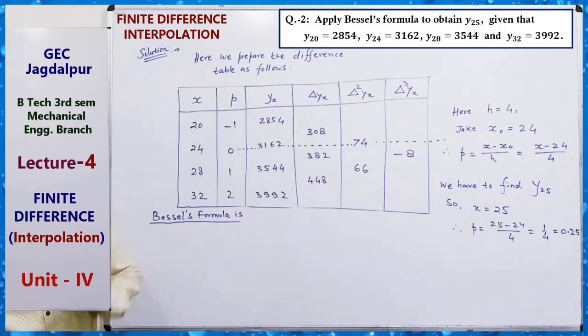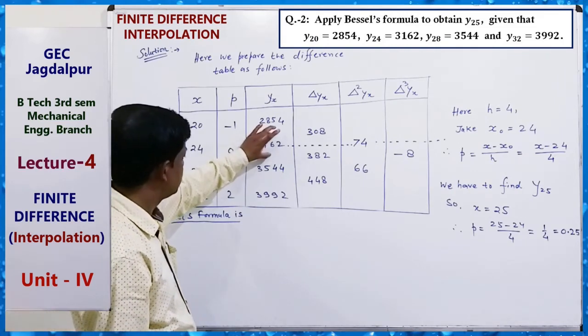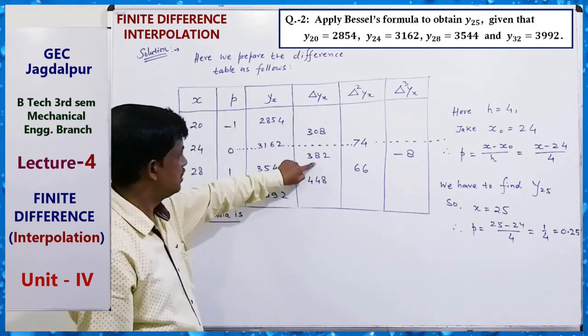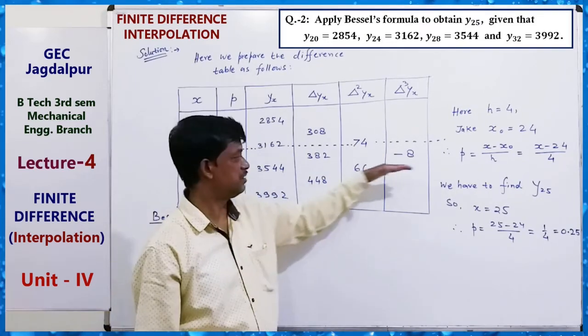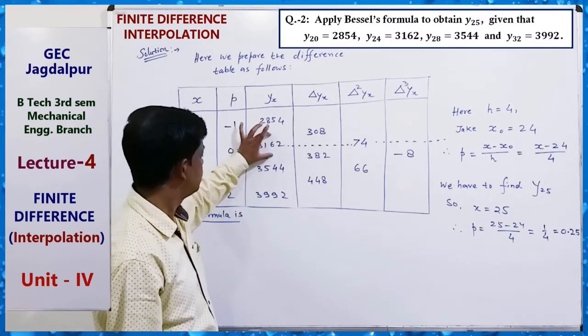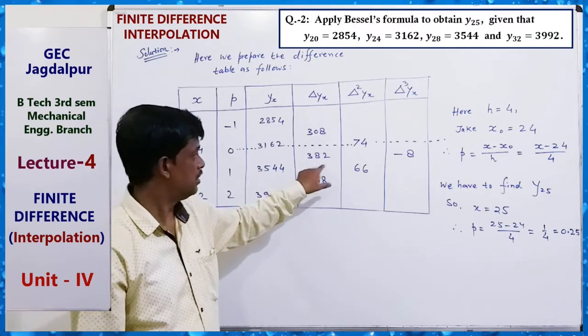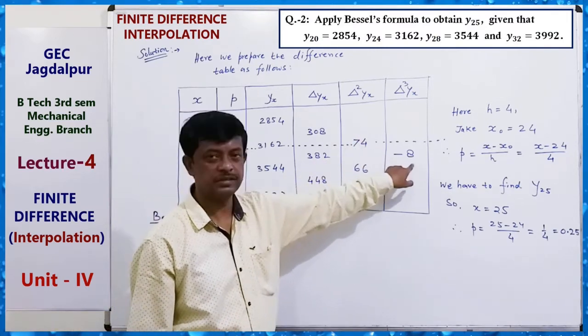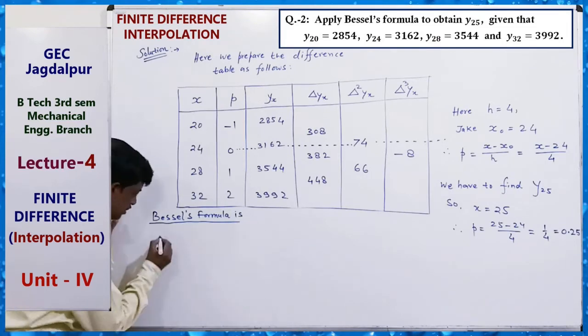For Bessel's formula, we use this and then this and then the average of this and this. Just take the line below. First of all y0, then this first difference, and then the average of these two. So Bessel's formula, write it first.